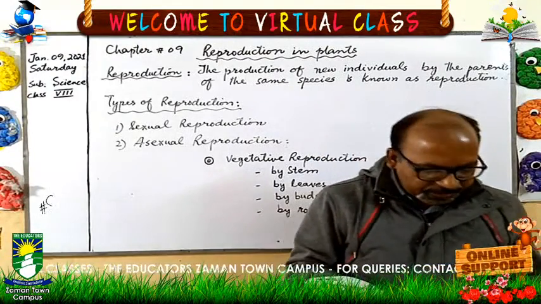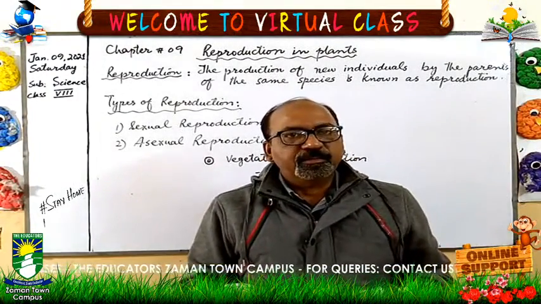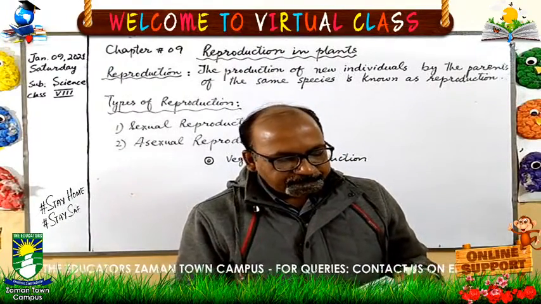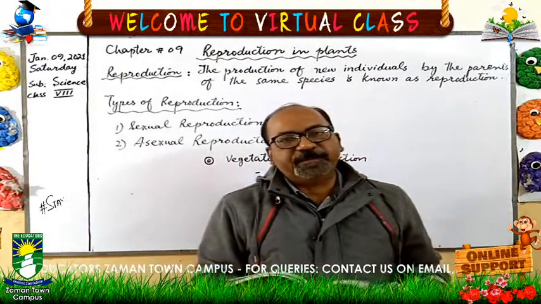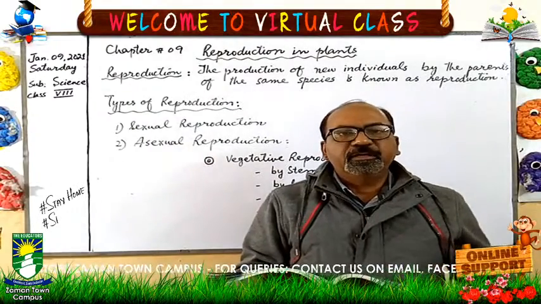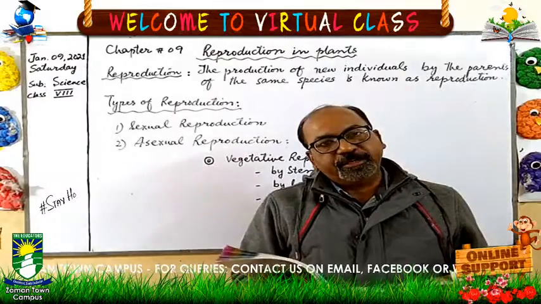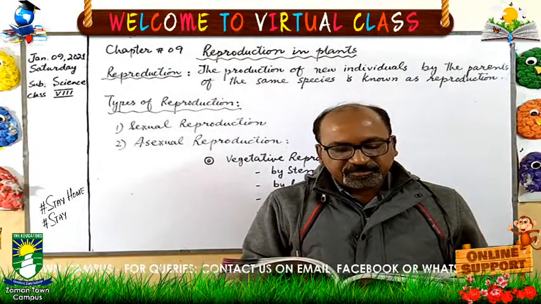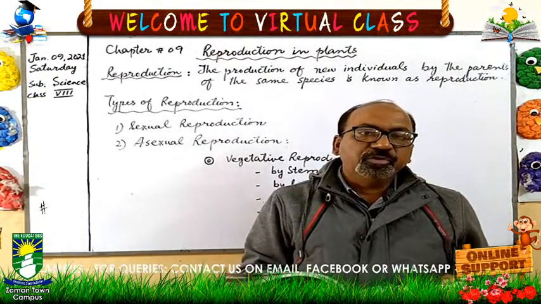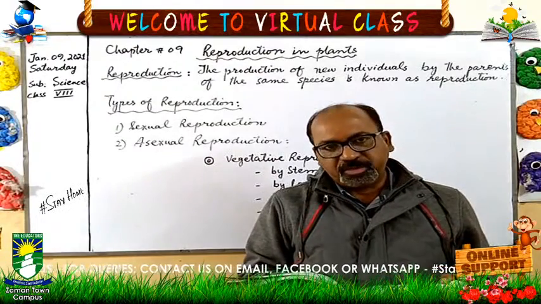Let's see from the book, page number 110. Vegetative reproduction by stem. As we have taken the example of rose plants and sugar cane, these are examples where we can produce new plants by stem cutting.